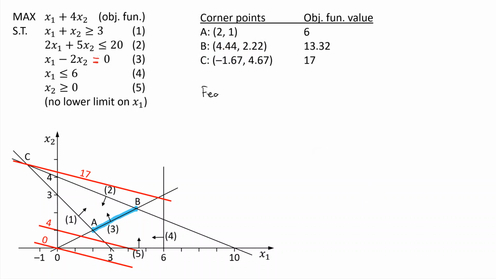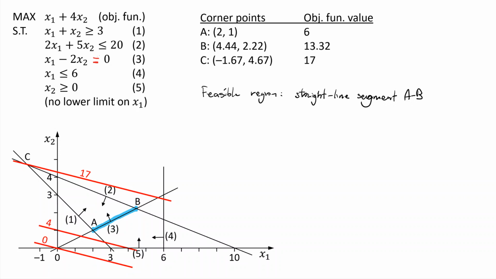Let's write this feasible region. Now, this feasible region is the straight line segment A, B, between points A and B.